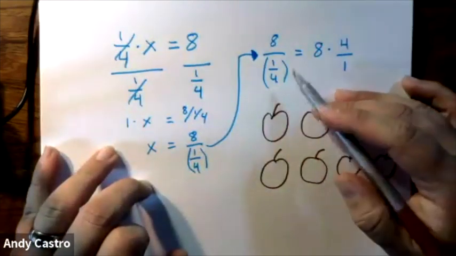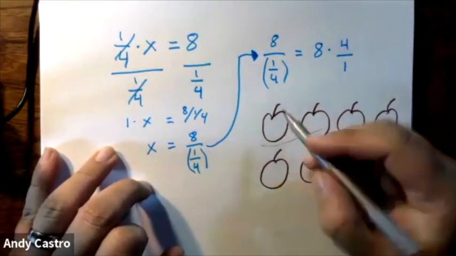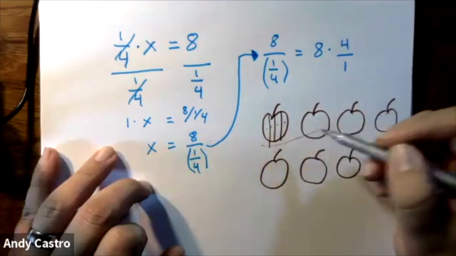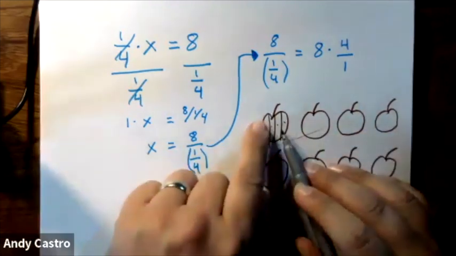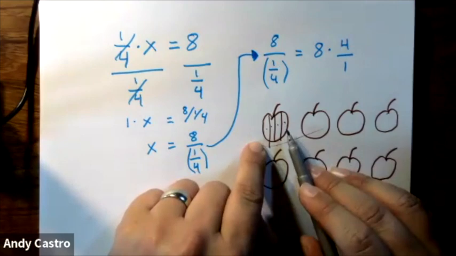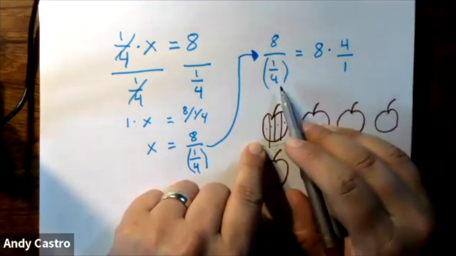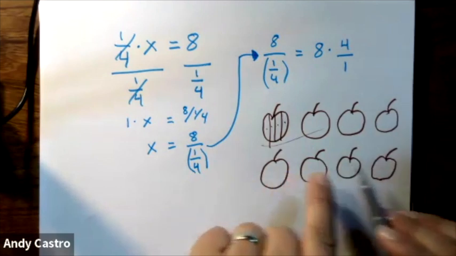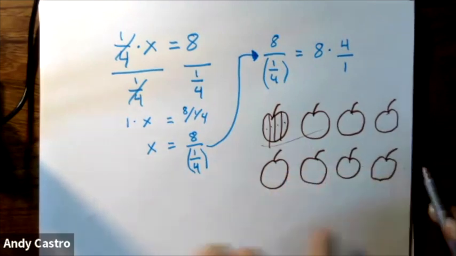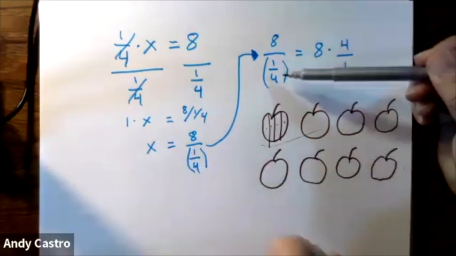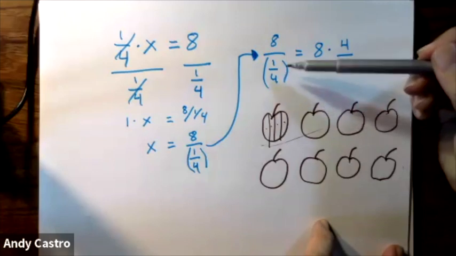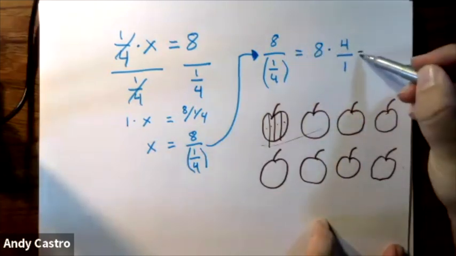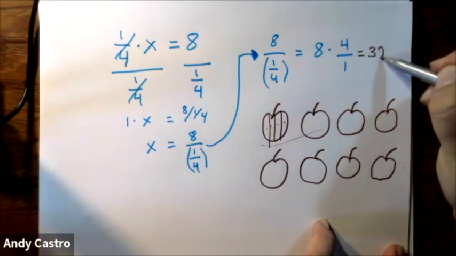If I divided each of these into fourths, 1, 2, 3, fourths, each one of these would have 4 pieces. So if I took 8 and divided by 1/4, I'd have 4, 8, 12, 16, 20, 24, 28, 32. So that's why you take this and flip it to make it 8 times 4, which gives you your 32.